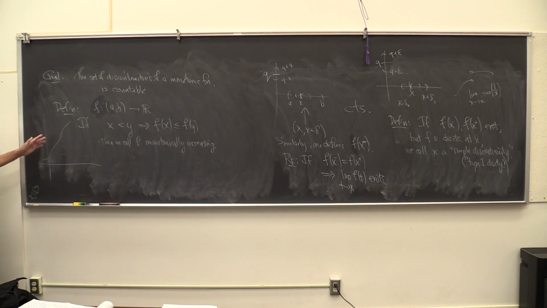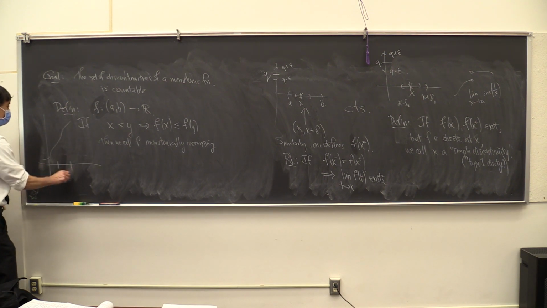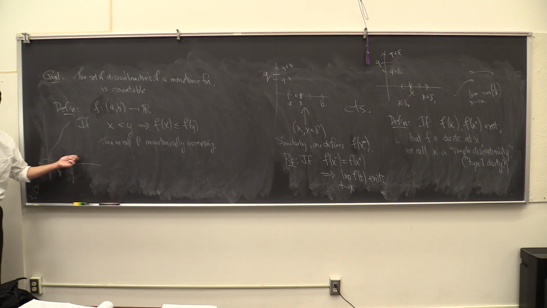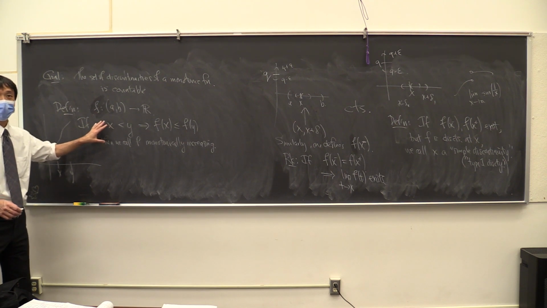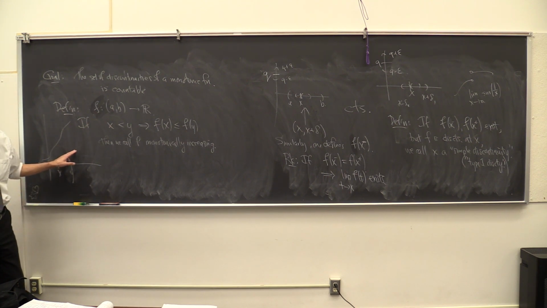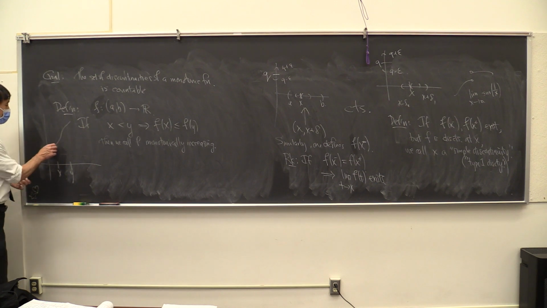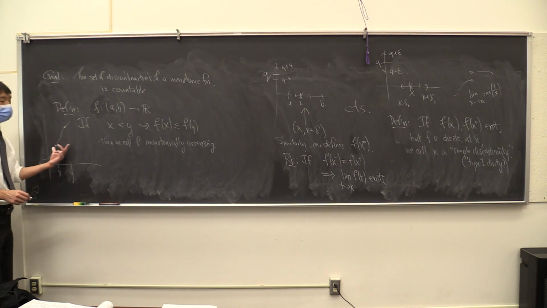How do we describe that mathematically? We say if you take 2 points, then the value on the left is less than or equal to the value on the right. So it's just the way you think it ought to be.